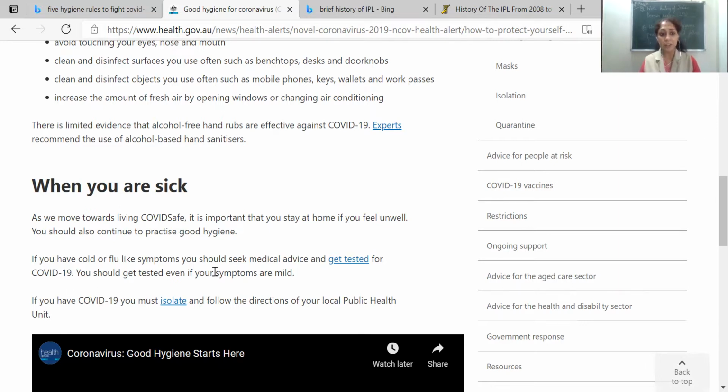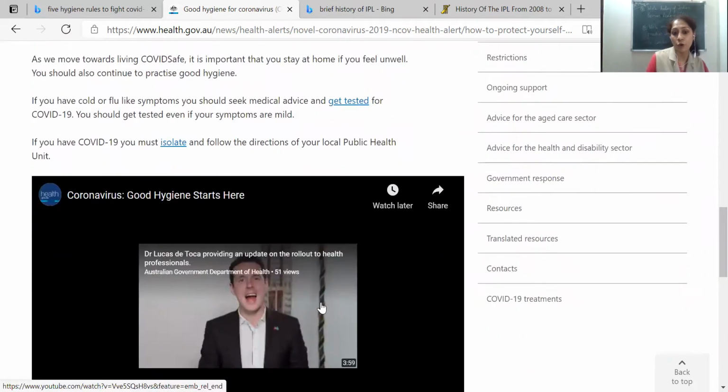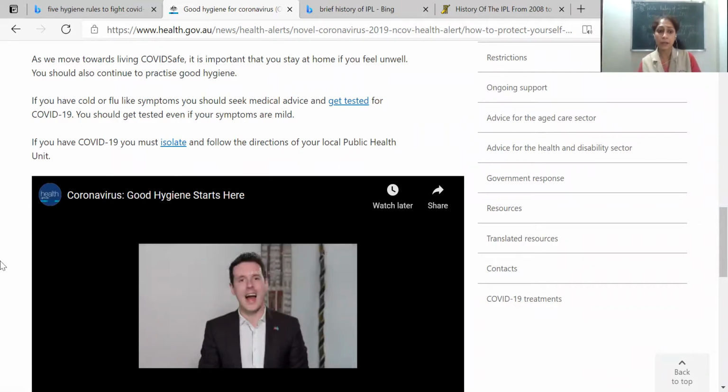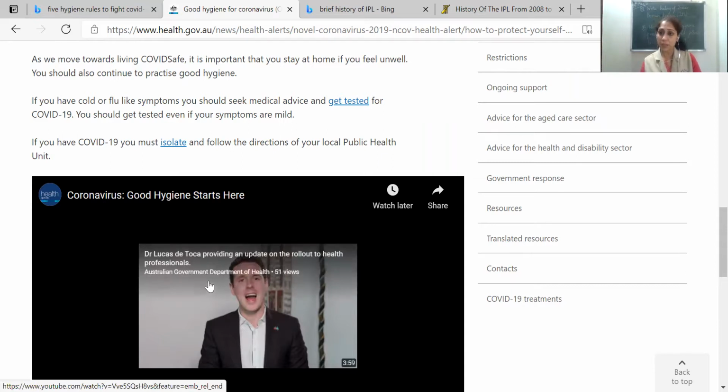You should get tested even if your symptoms are mild, very few, or very small, but still you need to get tested. If you have COVID-19, you must isolate and follow the directions of your local public health unit, which are advisories coming on every phone call, on TV ads, and on banners. The government is advertising a lot through many modes.